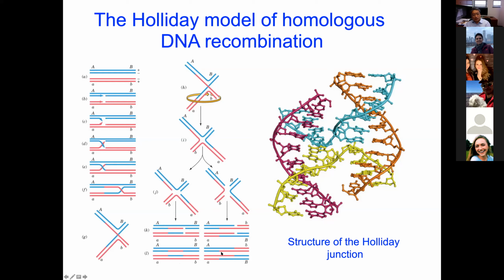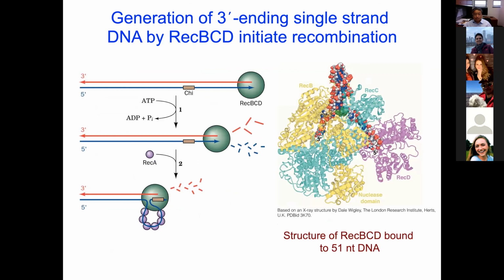You see this one, the blue double strand is not connected to the red one, and the red one is connected to the blue one. So that is homologous recombination. It allows 2 homologous DNAs to exchange fragments of information.